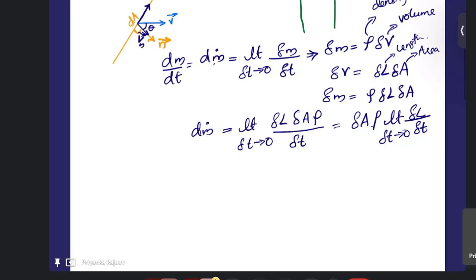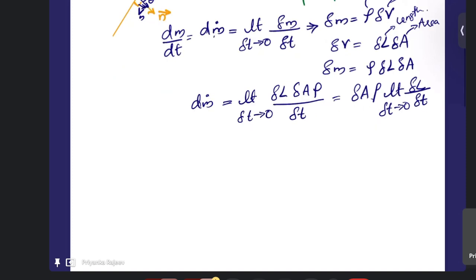So delta L, delta A, rho by delta t will change to this limit, and that is change in distance by change in time. That is what is called velocity, right? So which velocity do we have to take here?